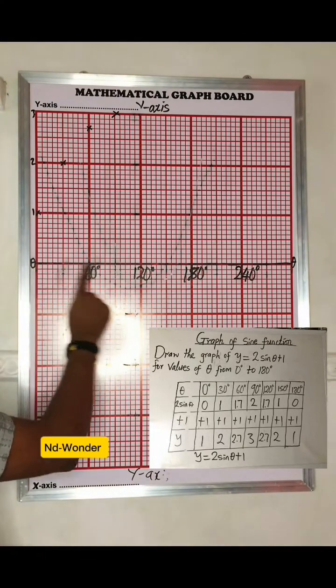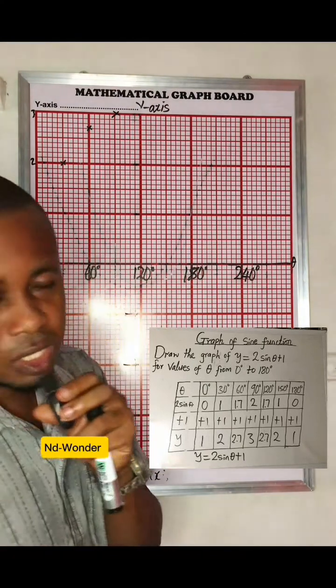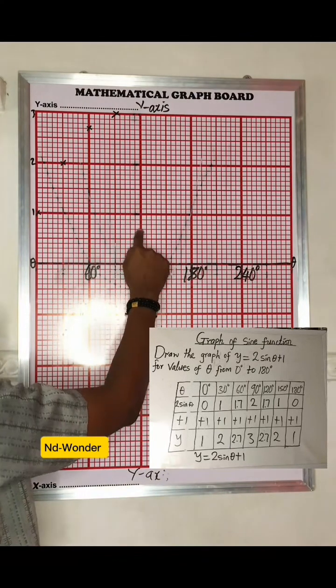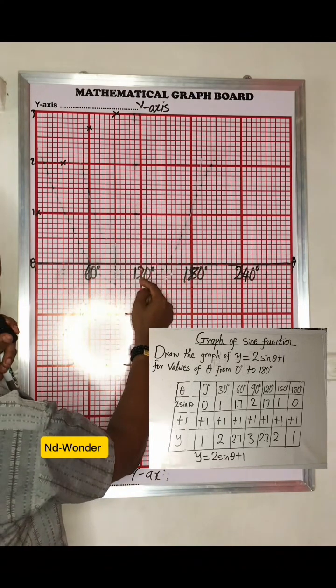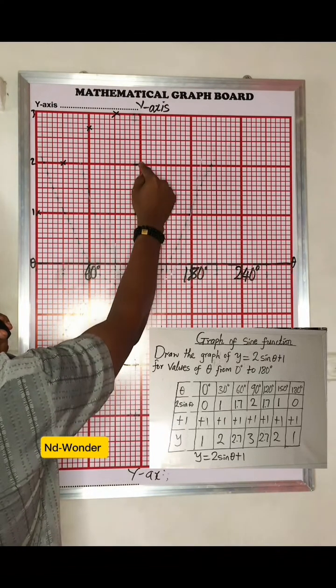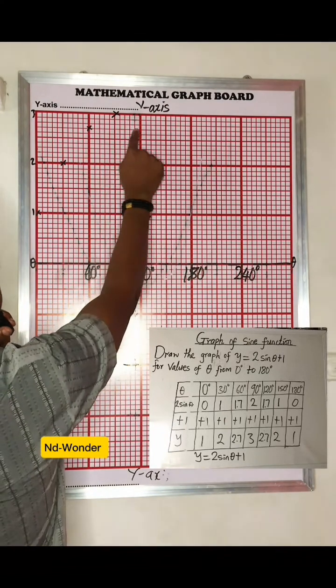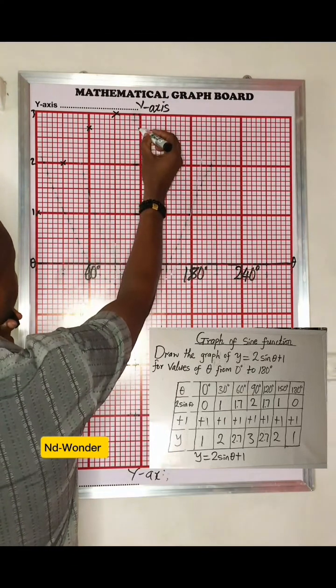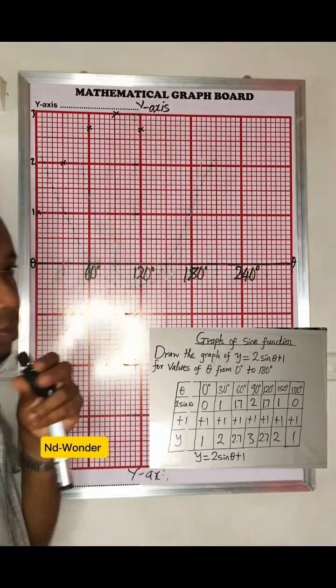When theta is 120 degrees, our y becomes 2.7. Where's our 2.7? Okay, this is 2. Then right here, 2.7. Here becomes our 2.7.